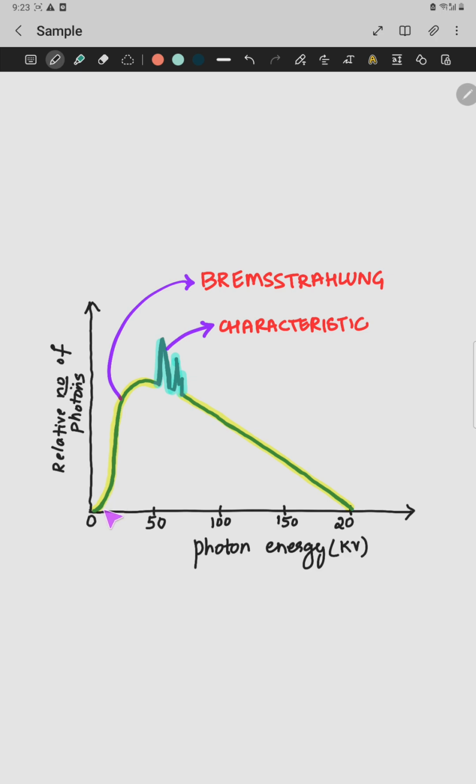Here for Bremsstrahlung radiation, you can see from 0 to 50 there are various numbers of photons being released. And the characteristic radiation is characteristic to the particular shell, so it will be monoenergetic. At a particular energy itself, you can see the characteristic radiation.